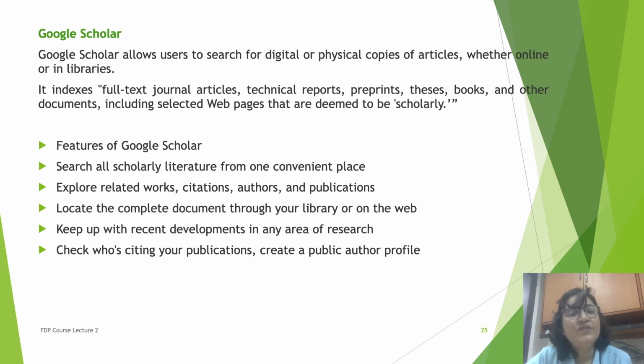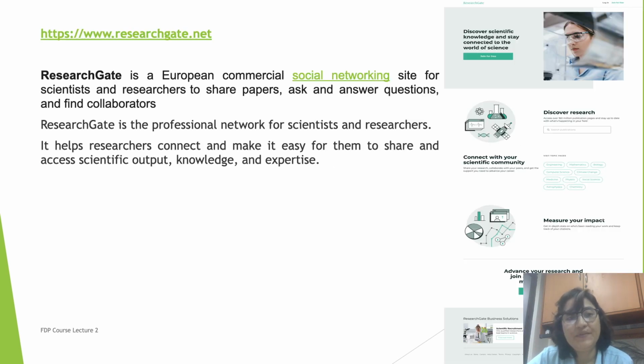Okay, so features of Google Scholar: search all scholarly literature from one convenient place, explore related work and citations, so you can even get a thesis out of it. Locate through library, keep up with recent documents, and check who's citing your publication. You can even check if your publication is being cited, and you can create a public author profile. So this is Google Scholar.